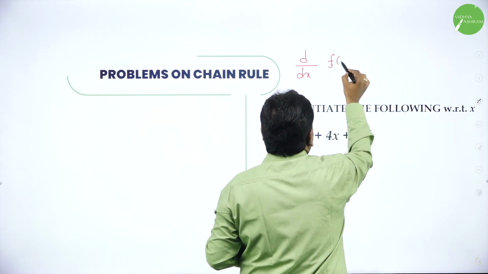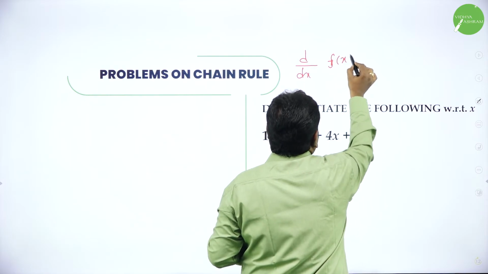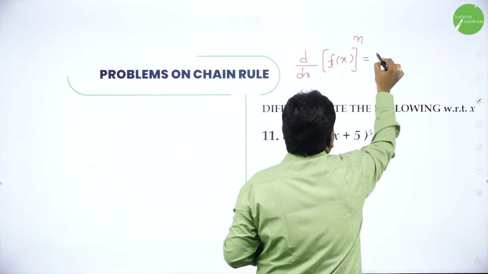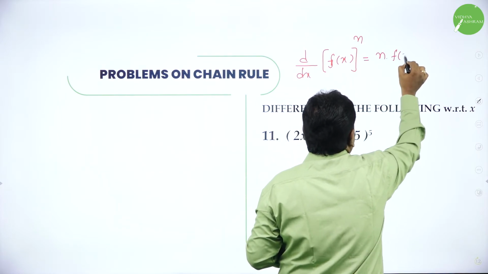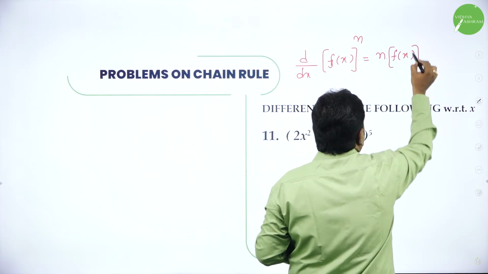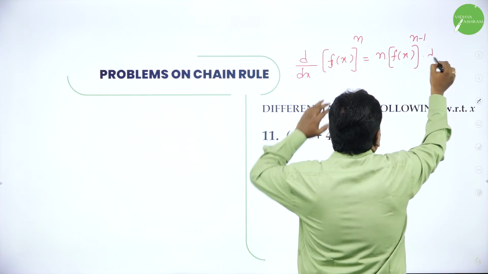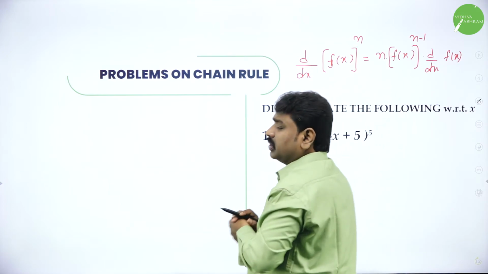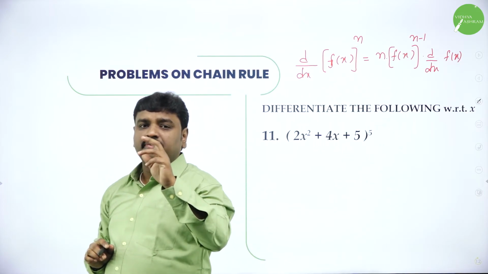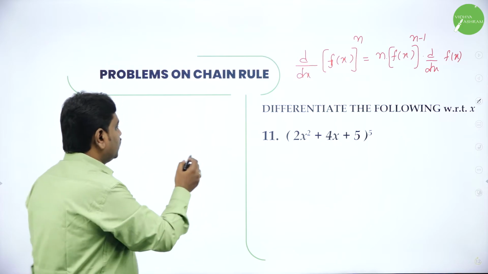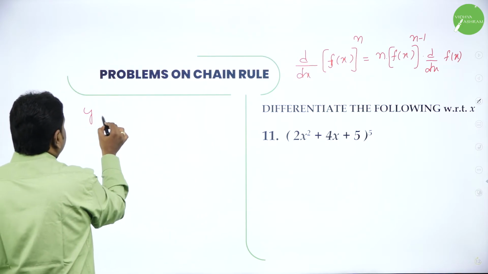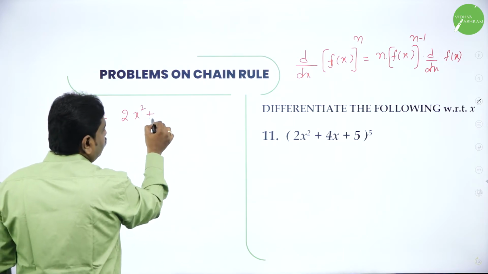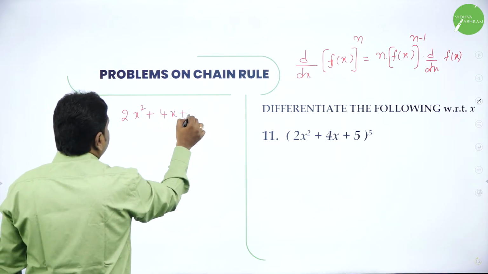In the last problem we have done this. What is d by dx of f of x power n, my dear students? It will be n into f of x power n minus 1 into the derivative of the internal function. What is the internal function? f of x. That's it. So n into f of x power n minus 1 into d by dx of f of x. Now I'll take the given question. So given question, y is equal to 2x squared plus 4x plus 5 power 5.